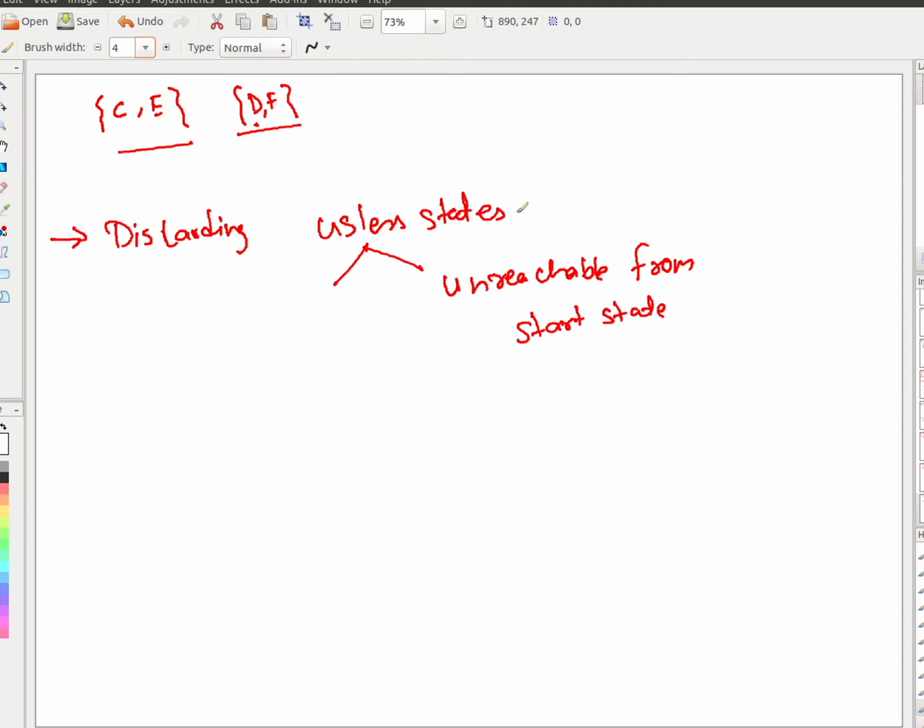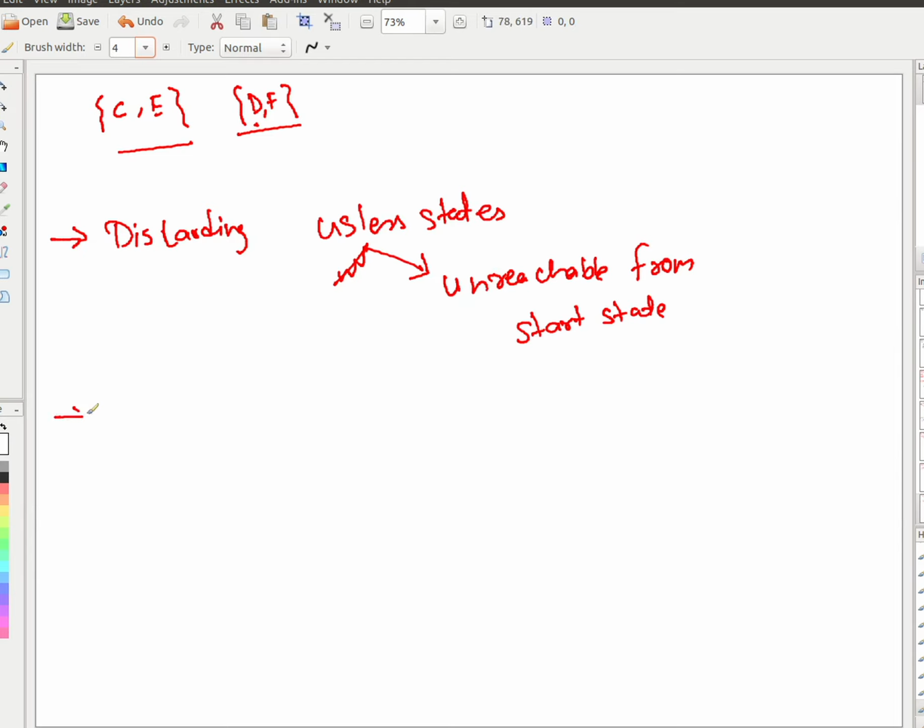Useless states are those states which are unreachable from the start state. Simple. So all such states should be deleted immediately before starting the minimization. That will save a lot of time for you.